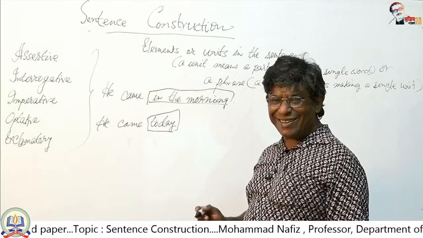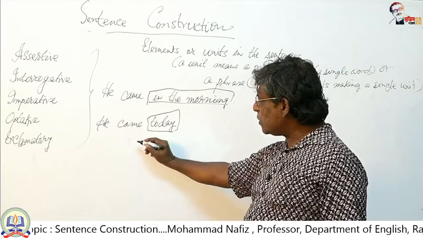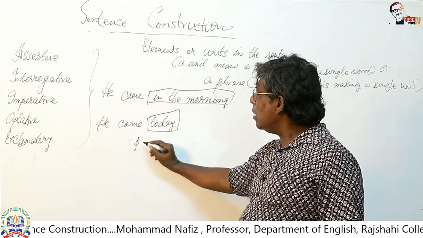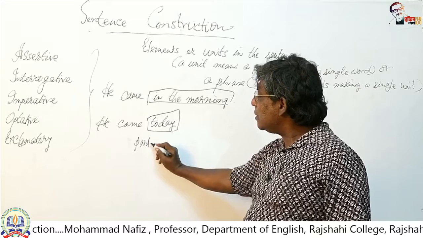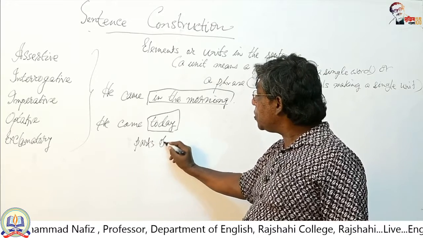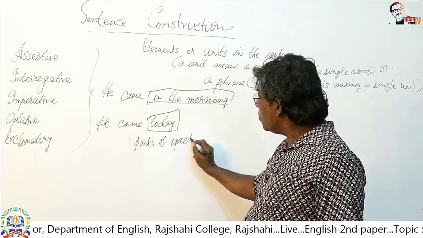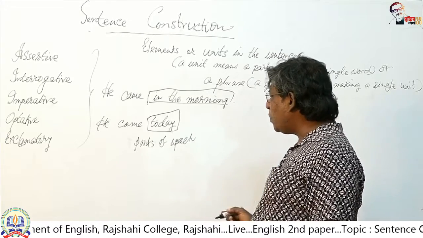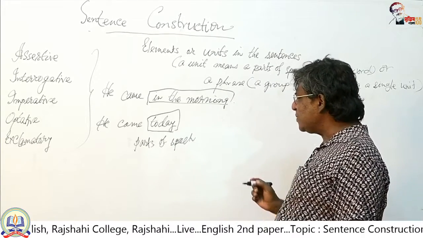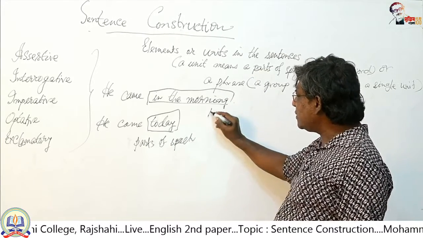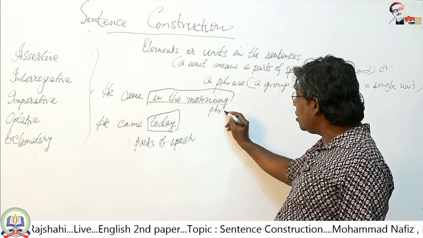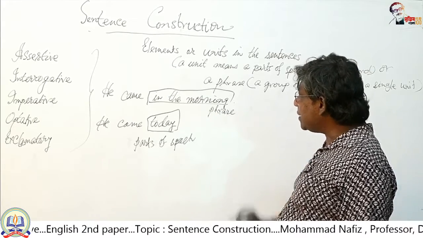Today is a single word, therefore this unit is presented in a part of speech. And in the morning, this unit is presented in a group of words, that is why it is called a phrase.